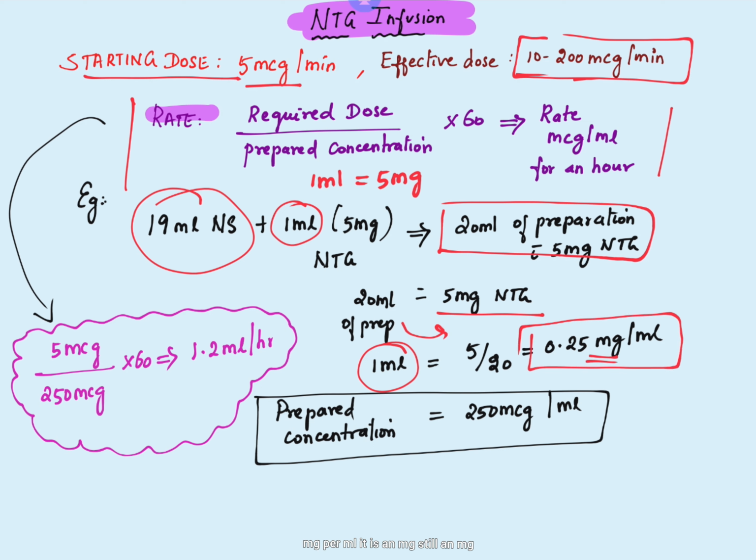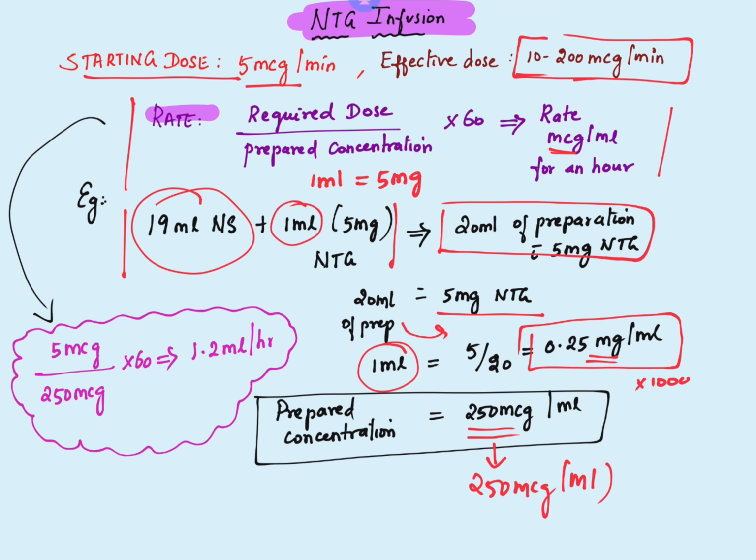It is still in mg, but in every concentration and every calculation we use mcg. So we convert it by multiplying by 1000, because 1000 mcg is equal to 1 milligram. If we prepare 19 ml NS with 1 ml of NTG, we will have 250 mcg per ml.